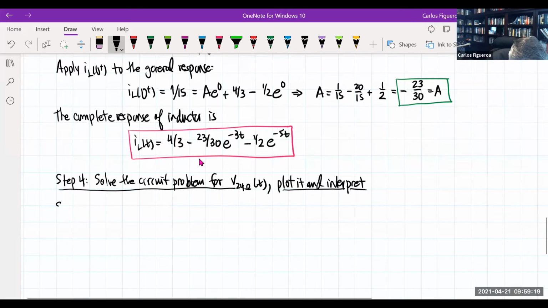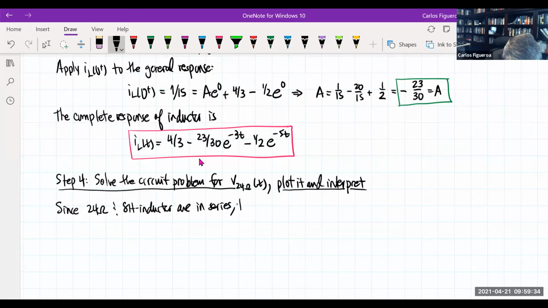So that means that the voltage of the 24 ohm resistor should be 24 times IL of t.